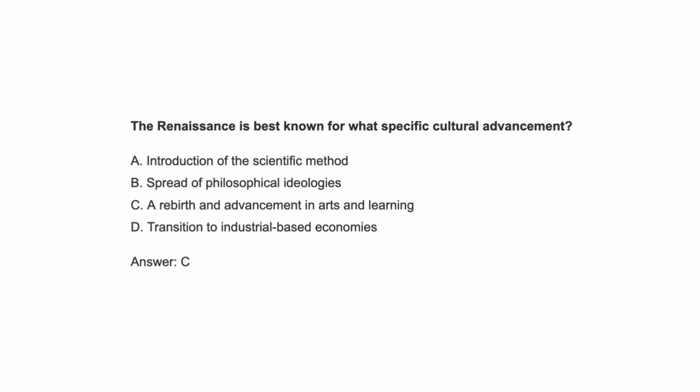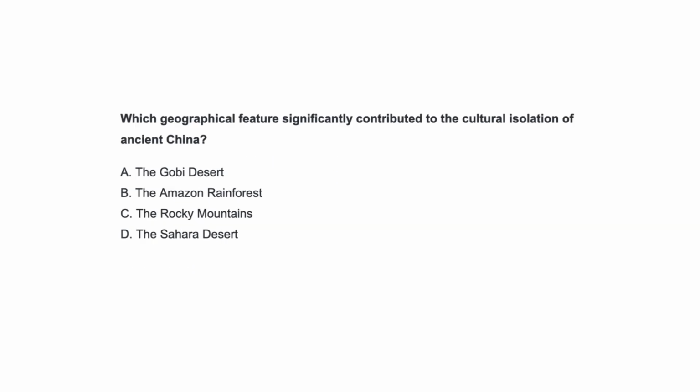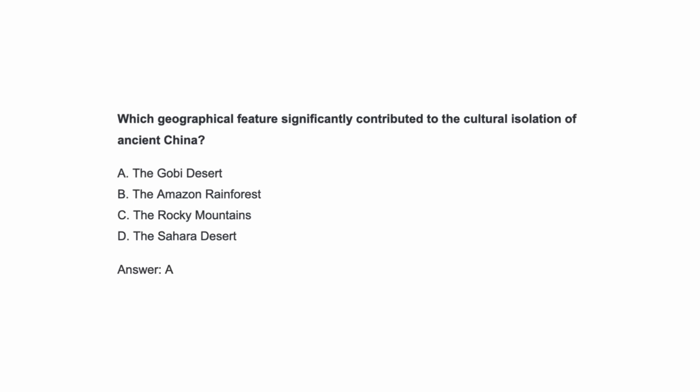Correct response? Letter C. A rebirth and advancement in arts and learning. Which geographical feature significantly contributed to the cultural isolation of ancient China? Correct response? Letter A. The Gobi Desert.